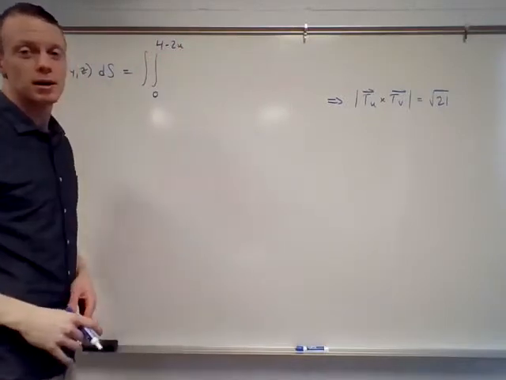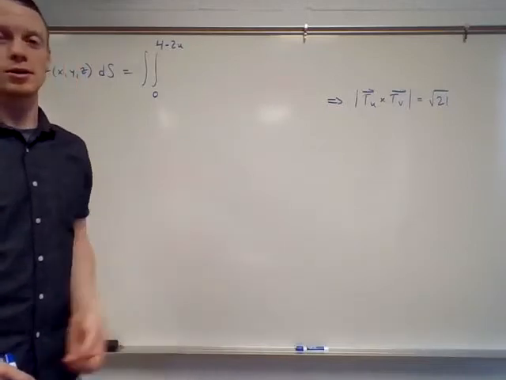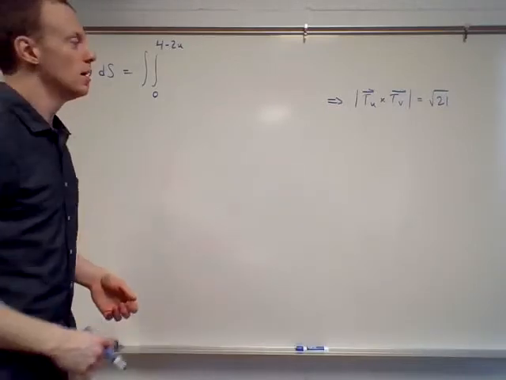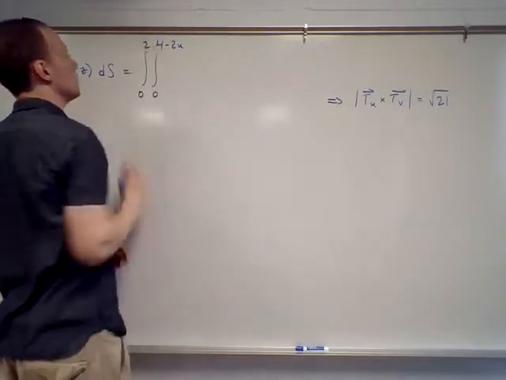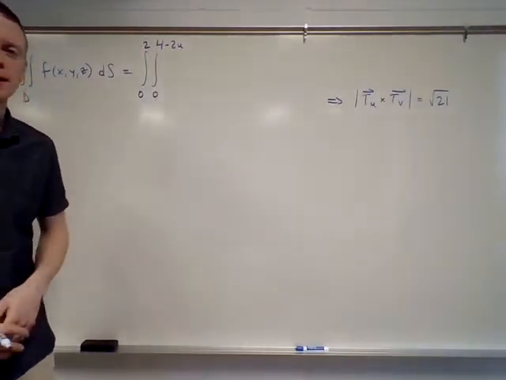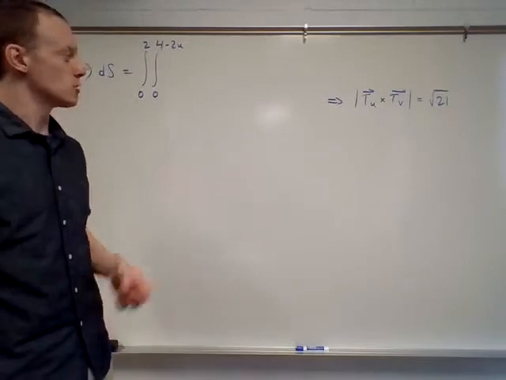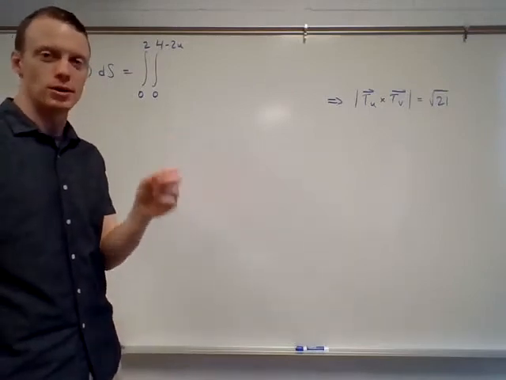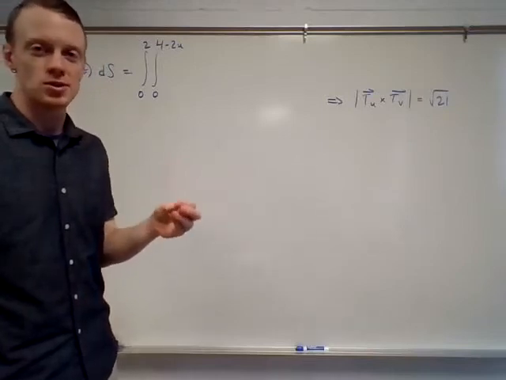So we had our v bounds of 0 less than or equal to v, less than or equal to 4 minus 2u. And then we had u going from 0 to 2. Our real valued function was x squared plus 2. So we're only concerned about the x-coordinate of our parameterization as far as substituting.